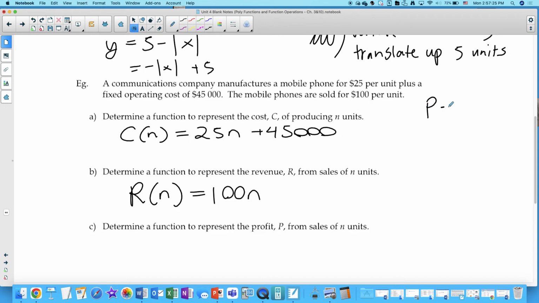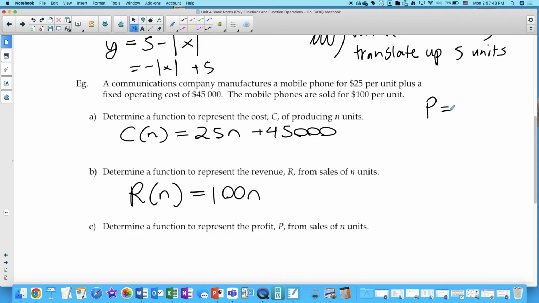Yeah, so profit is your revenue minus your costs. Okay, so if I buy a t-shirt for $2 and sell it to you for $8, my profit is $6 because I got to subtract my cost. So your profit is your revenue minus your cost.